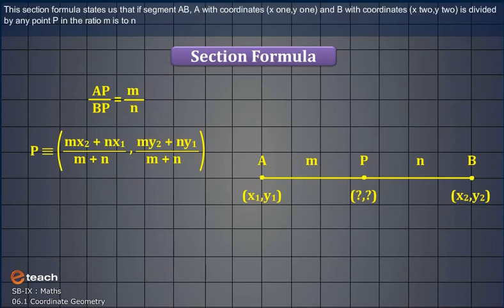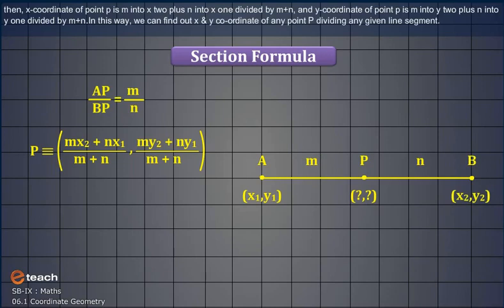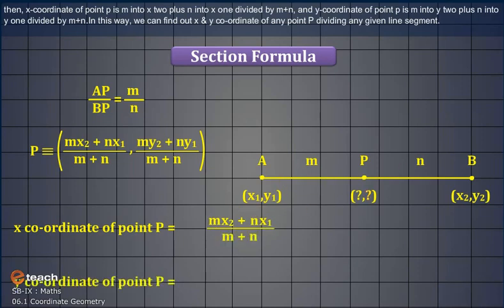This section formula states that if segment AB, A with coordinates x1, y1 and B with coordinates x2, y2, is divided by any point P in the ratio m is to n, then x coordinate of point P is m into x2 plus n into x1 divided by m plus n, and y coordinate of point P is m into y2 plus n into y1 divided by m plus n.